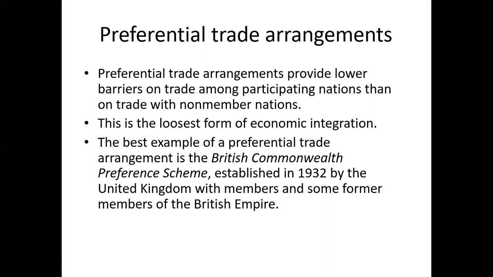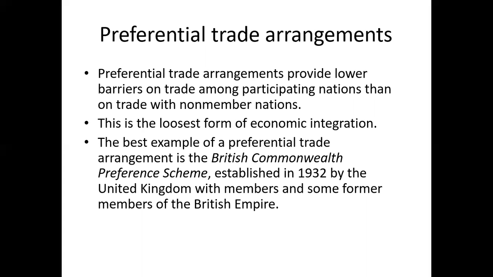Among the member countries, the nations forming this trade agreement will try to lower barriers on trade, but at the same time, they may apply different kinds of barriers towards the non-member nations.